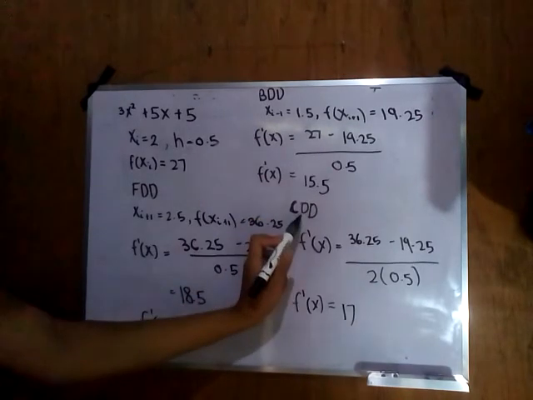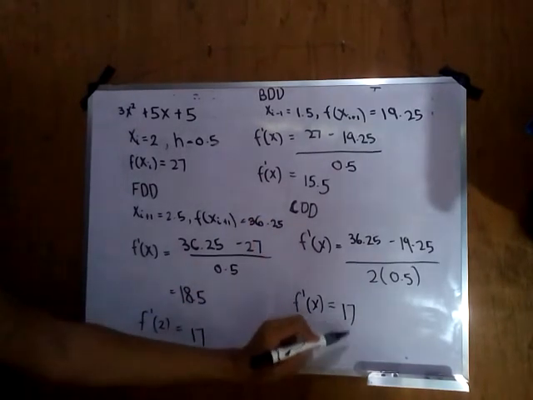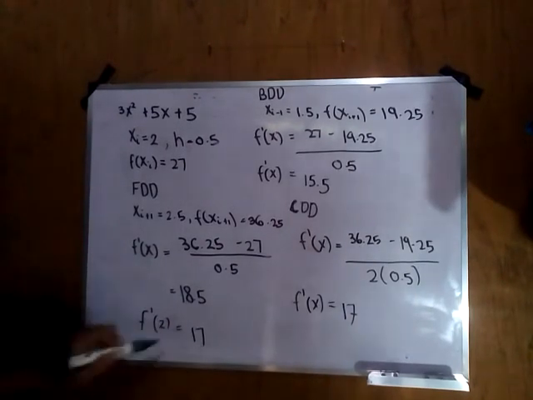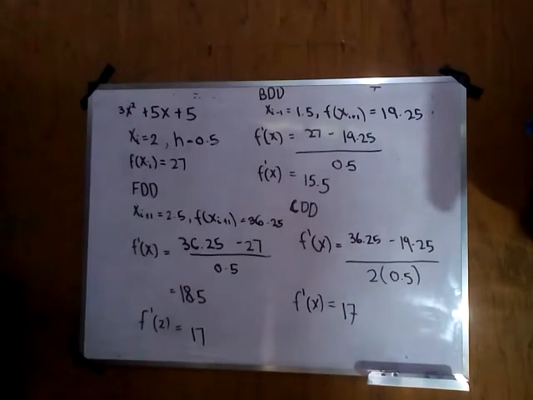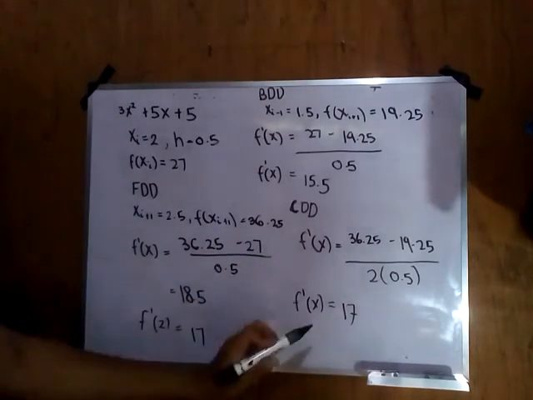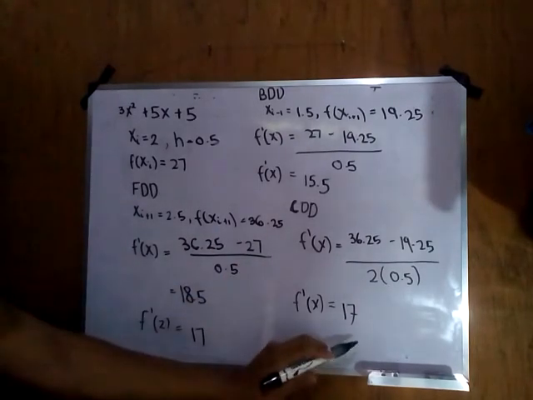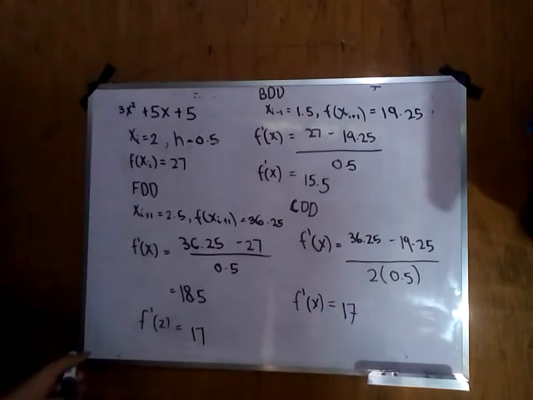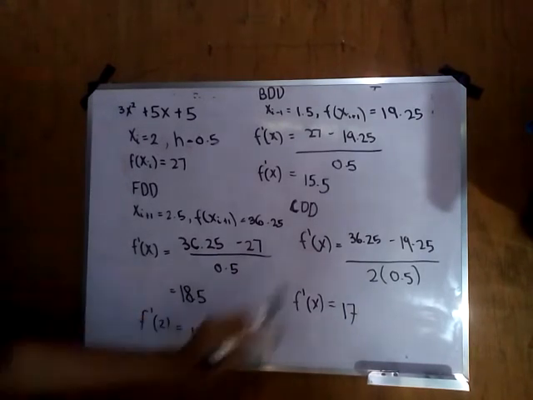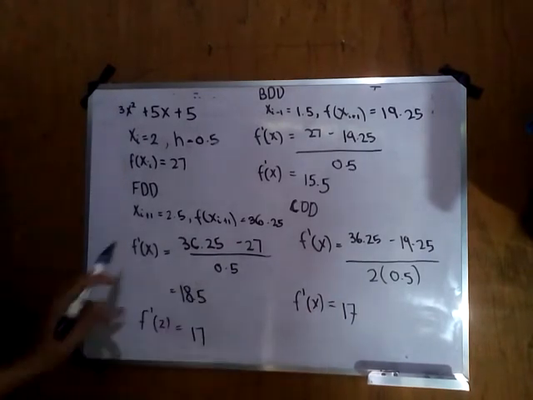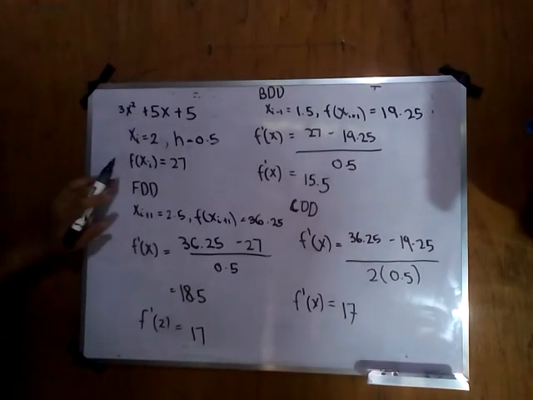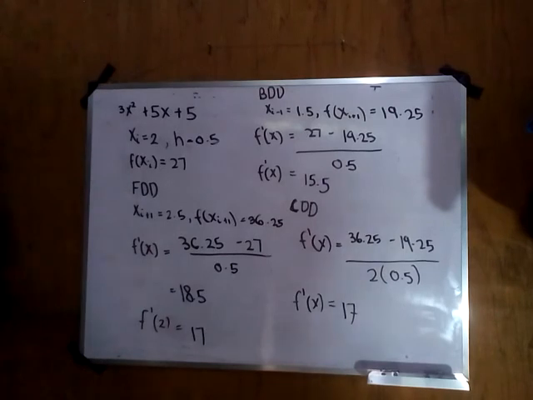As for CDD, we have the same result as the actual value. So in short, CDD always has a more accurate value than FDD and BDD. So it's relatively better to use CDD when calculating the value of our slope at a certain point. So that's all for this topic.